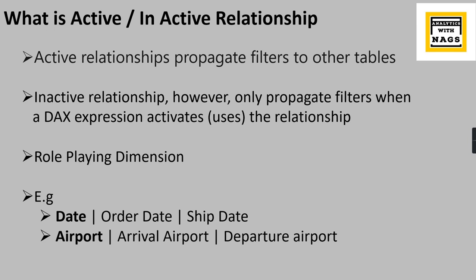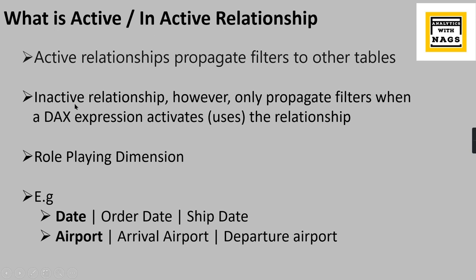Whatever you filter in the dimension will filter the records in the fact. That is why you create a relationship. So when you have a member like a date or a product as a dimension and you filter it, it will automatically filter the fact table.